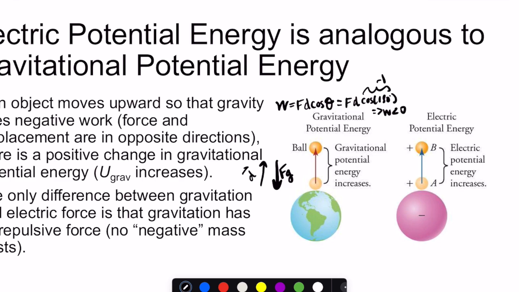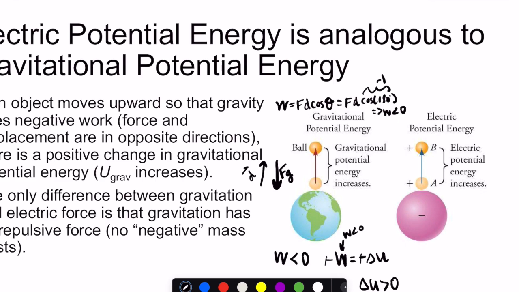So how does that relate to the potential energy? If work is less than 0 and work is equal to negative delta U, well, then the two negatives are going to cancel, and you're going to have a delta U greater than 0. So it's implied here that this is a negative number, like an imaginary negative sign in front of it.